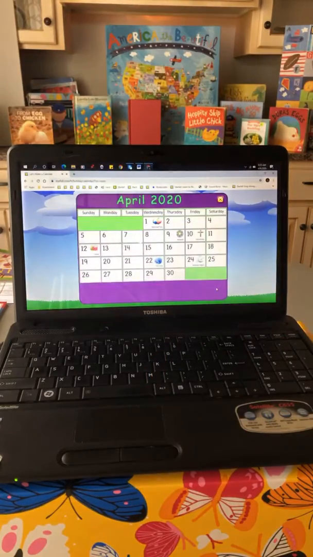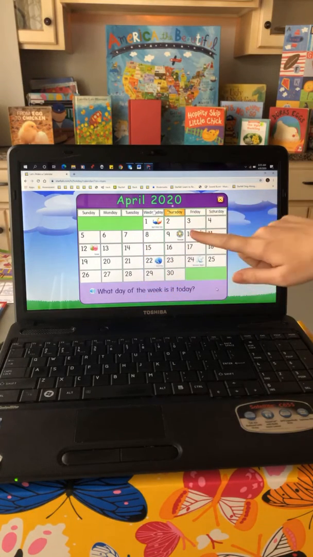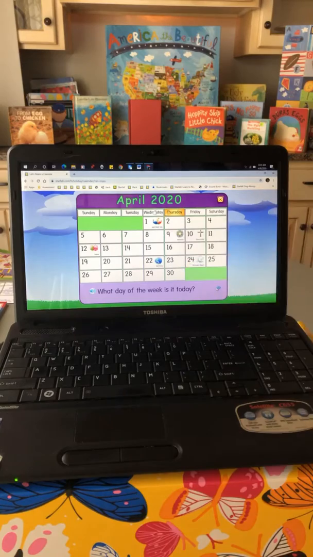Days of the week: Sunday, Monday, Tuesday, Wednesday, Thursday, Friday, Saturday. Okay, if yesterday was Wednesday, that means today is Thursday. And if yesterday was April 8th, then today is April the 9th.